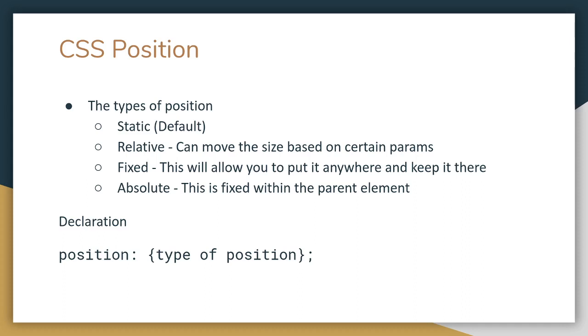So these might be kind of confusing in trying to understand what each one means. So I will be showcasing what it means to be absolute, fixed, relative, and basically your default. I will be doing this afterwards. We'll be using some coloring to make it a lot easier to understand.